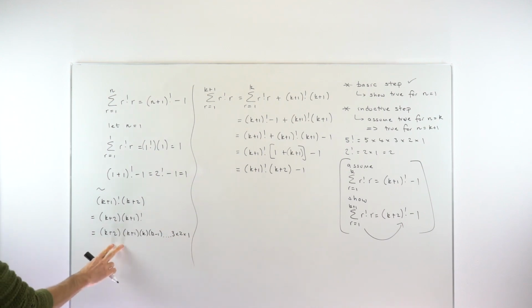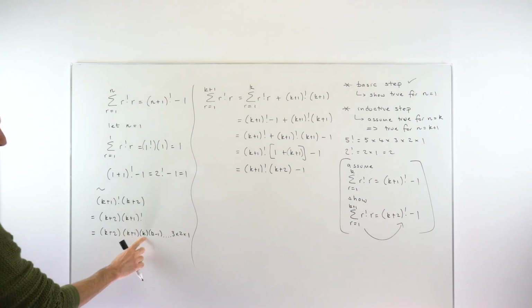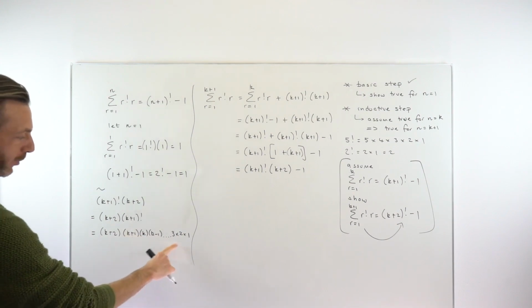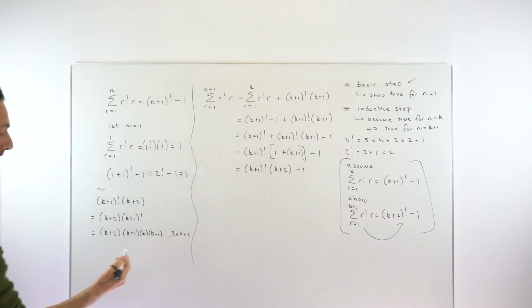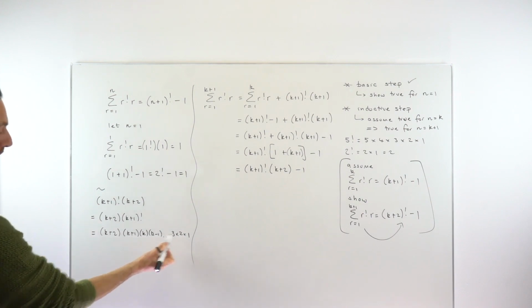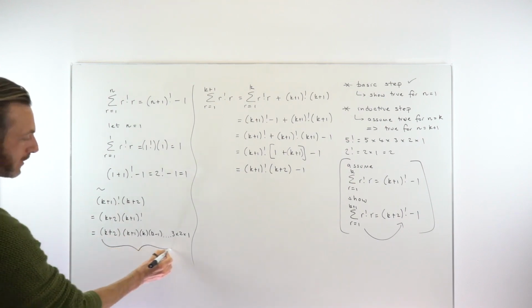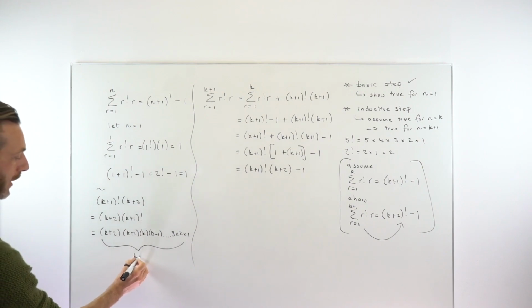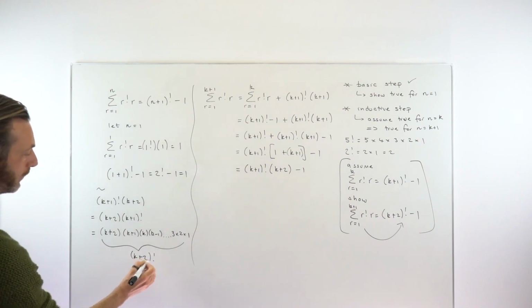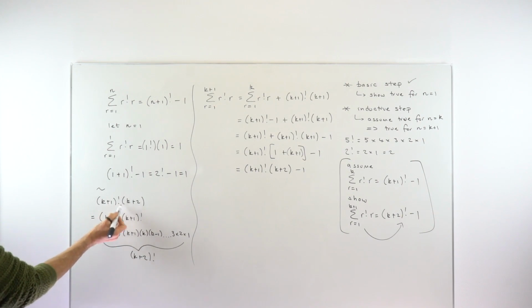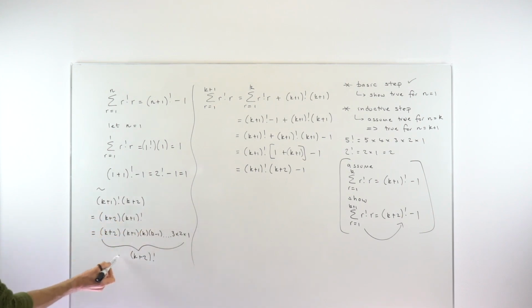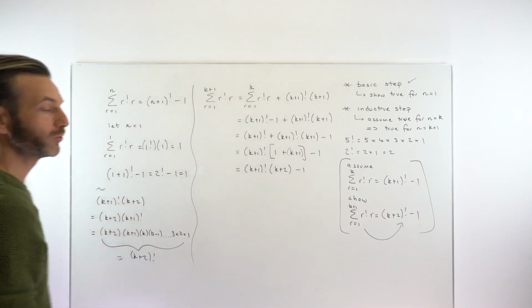But if you notice what we're now left with, we've now got k plus 2, then k plus 1, then k, then k minus 1, and that goes all the way down to 1. In other words, these are still in a perfect sequence where you're taking 1 off every time, because k plus 2 take away 1 gives you k plus 1. So all of this is in fact k plus 2 factorial. So k plus 1 factorial times k plus 2 is actually equal to k plus 2 factorial.